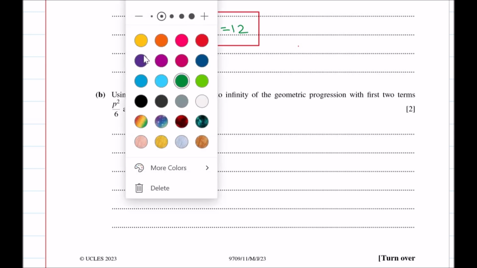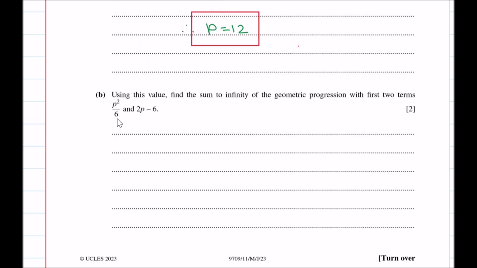So let us find the first two terms, p square by 6, that is 12 square by 6, and here 2 into 12 minus 6.